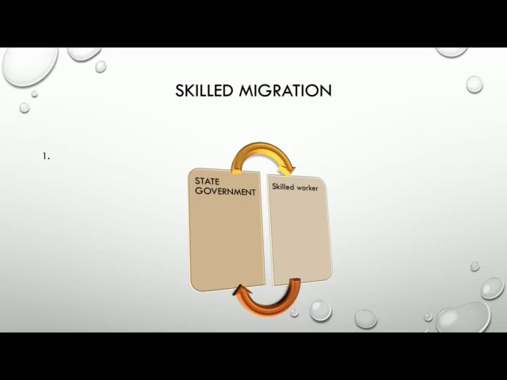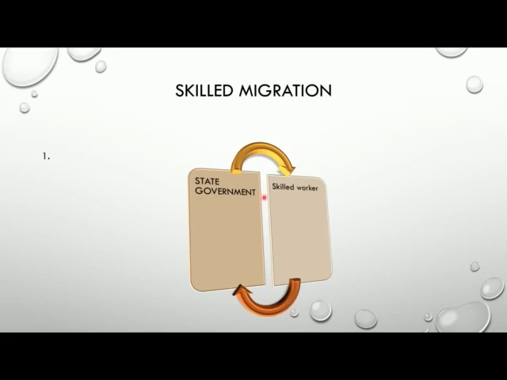This is the same thing, a relationship between the government and the skilled worker. The government means the state government, Queensland, New South Wales, it depends. And the government wants this skilled person. They want you to stay in that state once your visa is granted.